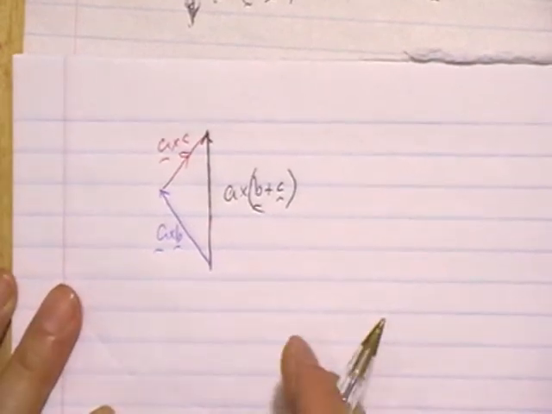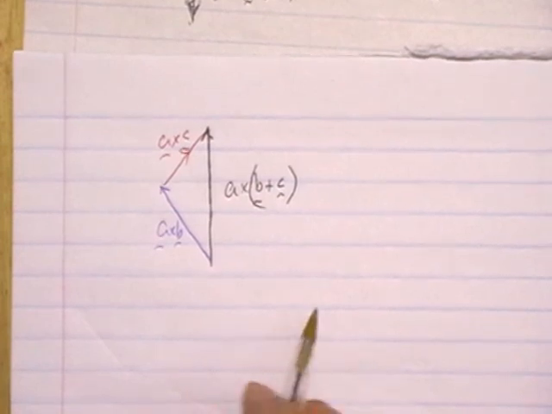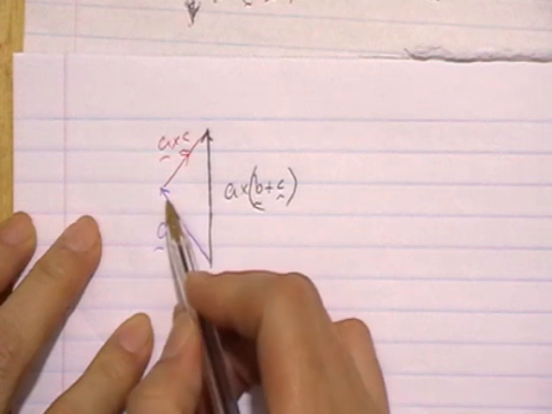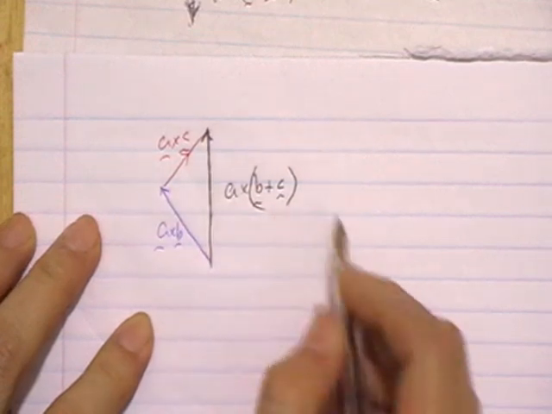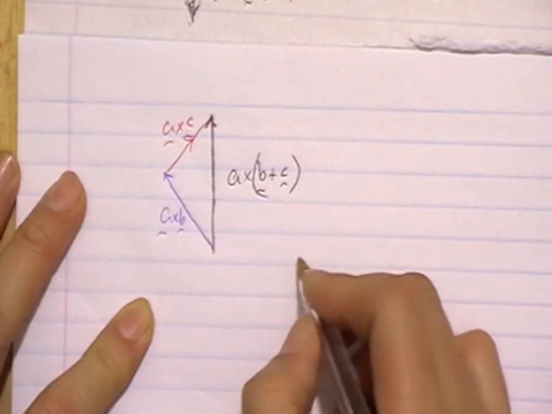Notice that we now have a vector triangle. And clearly, this vector plus this vector is equal to that vector. Let me write that out.